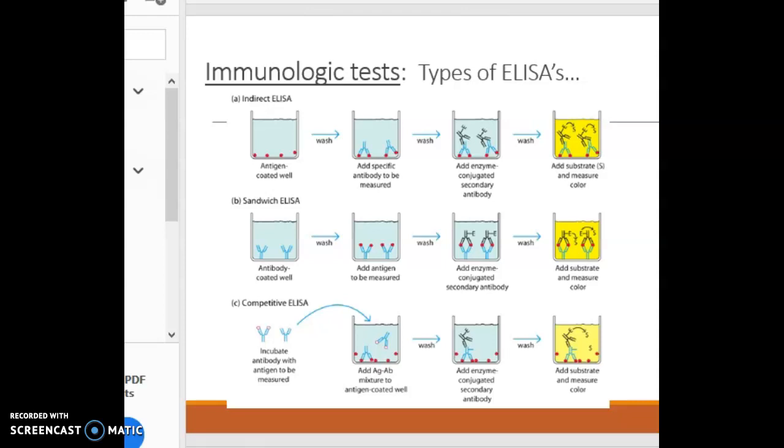There are also some additional techniques developed as modifications of ELISA, which include chemiluminescence. This provides a convenient and highly sensitive alternative to absorbance measurement in ELISA assays. In this version of ELISA using chemiluminescence, a luminogenic, that is a light-generating, substance takes the place of the chromogenic substrate.